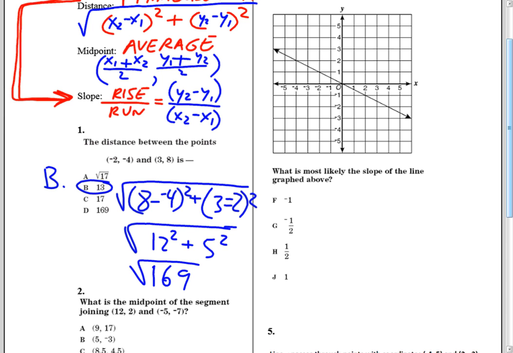We get 169, and then they forget to do the actual square root. 13. People are doing the right work, and then they're squaring incorrectly. They might have a negative 12 and a negative 5. What happens when you square negatives? Goes positive. So everybody should get a positive 169 by the time it's through.